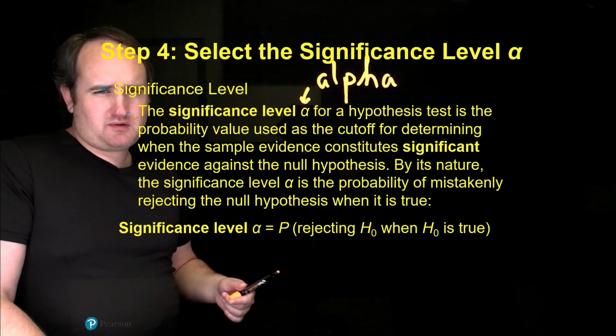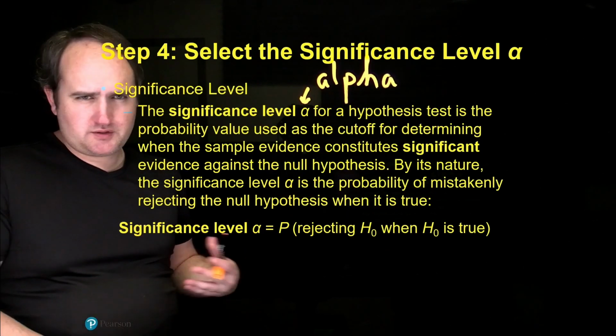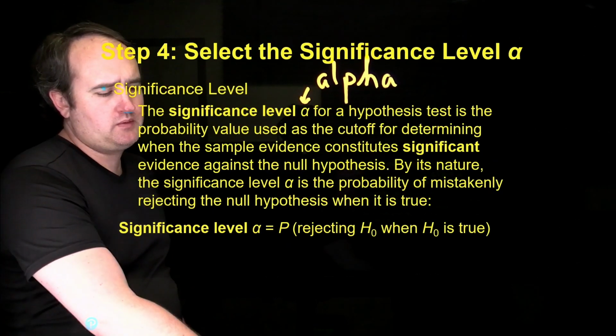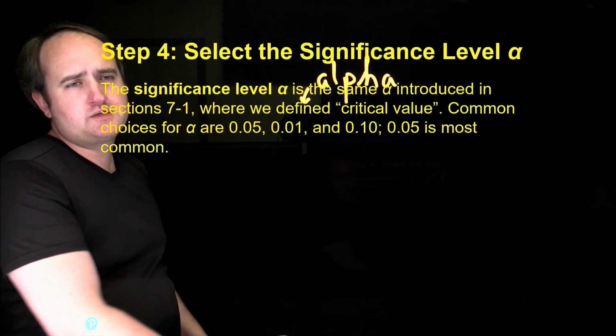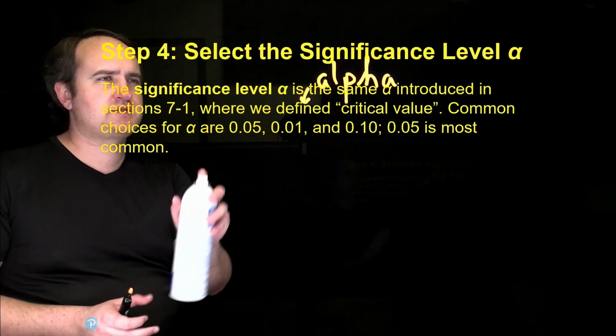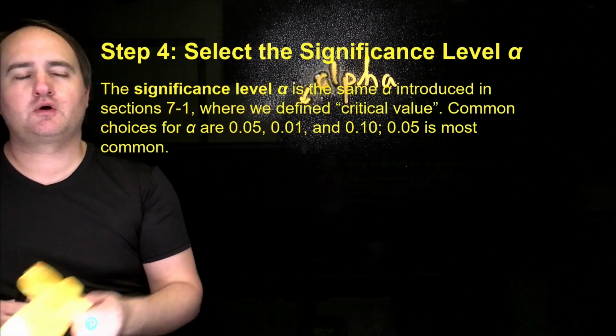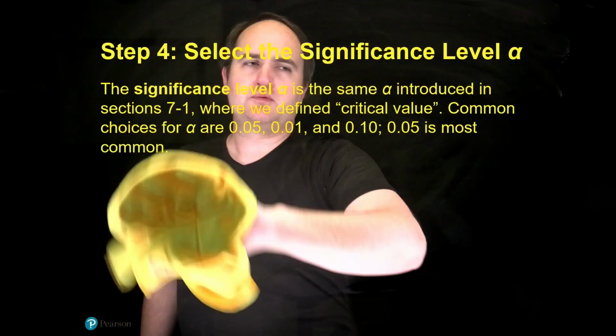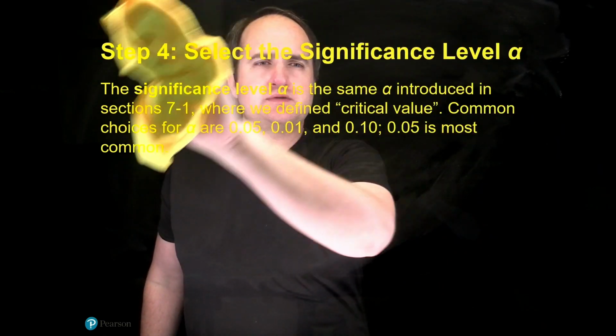So the thing is, you can figure out your significance level in the problem based on the information they give you. Sometimes they'll just tell you the significance level. In fact, on most of your homework problems, if not all of them, they will just tell you what your significance level is.